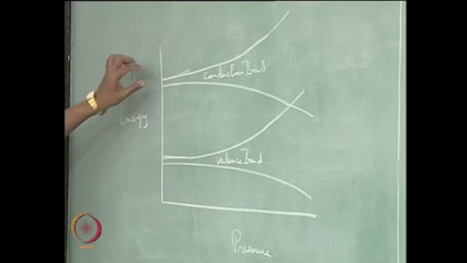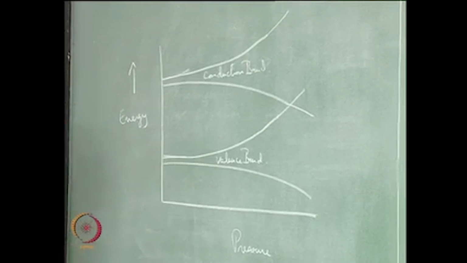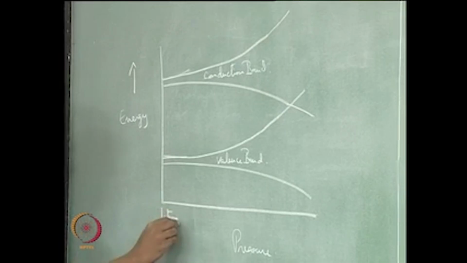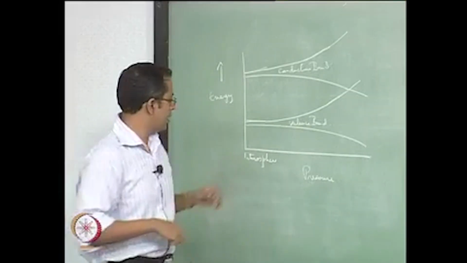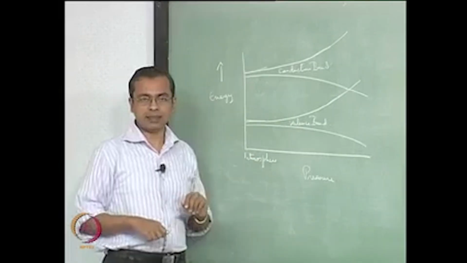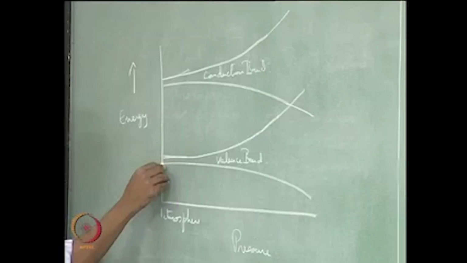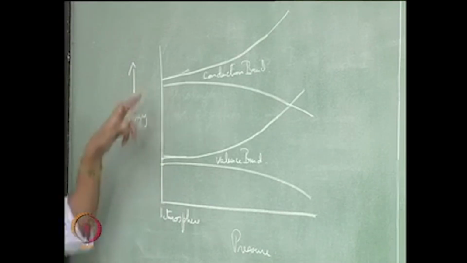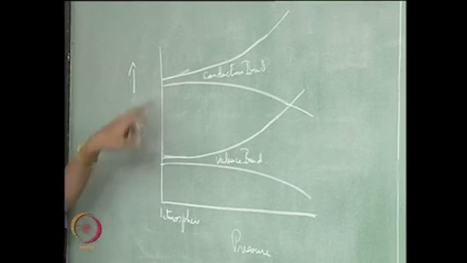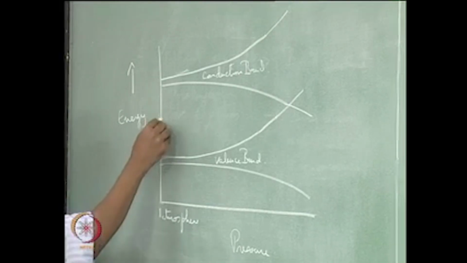Let us say this is the conduction band, it has a certain energy band at some pressure, let us say this is atmospheric pressure, 1 atmosphere. So you form this material at room temperature and atmospheric pressure, and under those conditions it has a certain band structure. This is the range of energy values over which the valence band exists, that is the range over which the conduction band exists, and halfway between them somewhere here is the Fermi energy EF.